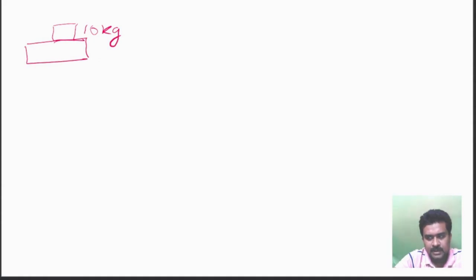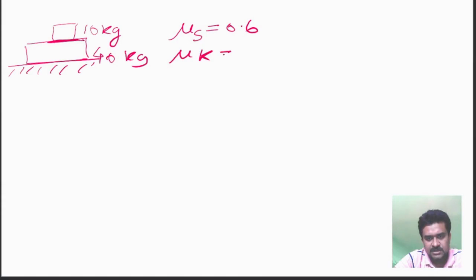The mass of that body is 40 kg, and it is placed over a smooth surface. This surface is not smooth. Suppose say the static friction here is 0.6 and kinetic friction is 0.4.